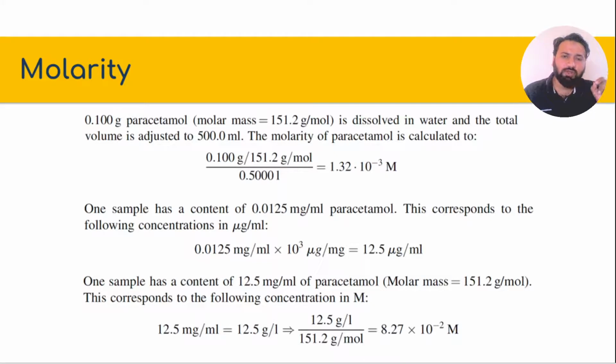In this 12.5 gram per liter, the liter is already there, so we just need to convert it into the number of moles. So 12.5 gram per liter divided by 151.2 gram per mole gives a molarity of 8.27 into 10 to the power minus 2 molar. So this is how we calculate the molarity. We have a number of experiments in our practical classes, so we will perform such conversions in our practical classes too.